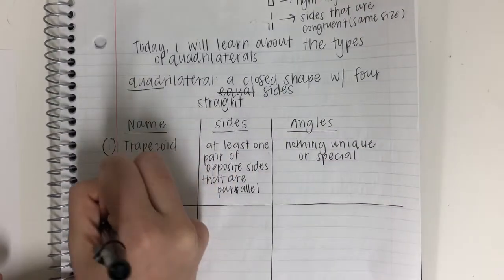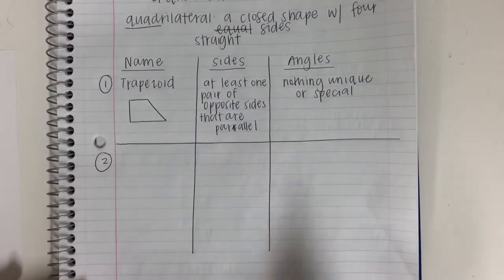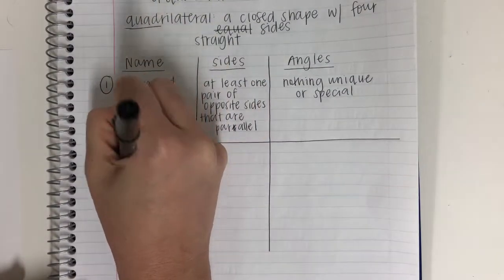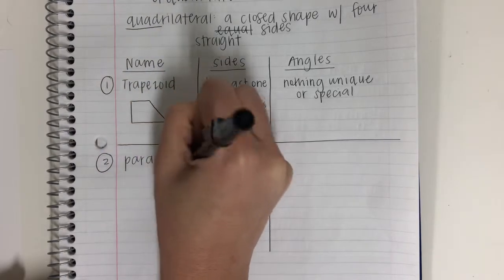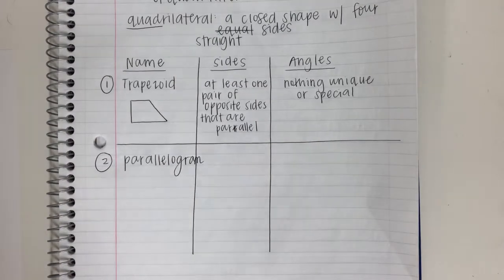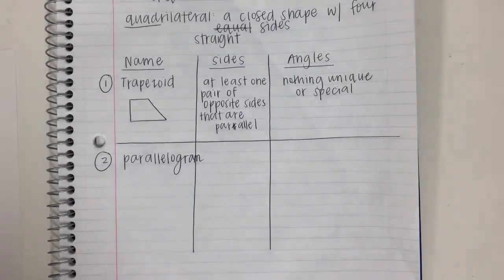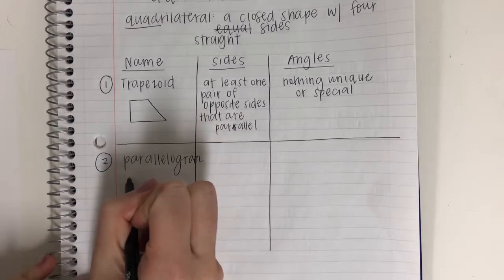Okay, so let's draw a line. And then number 2, we have a parallelogram. Okay, a parallelogram is exactly what it sounds like. Both sides are going to be parallel to each other. So it kind of looks like this.